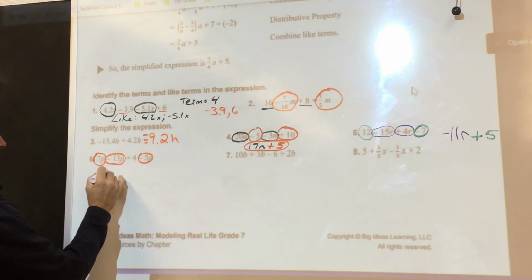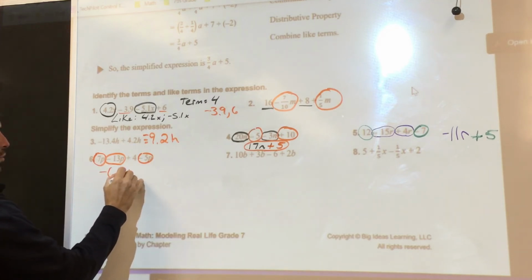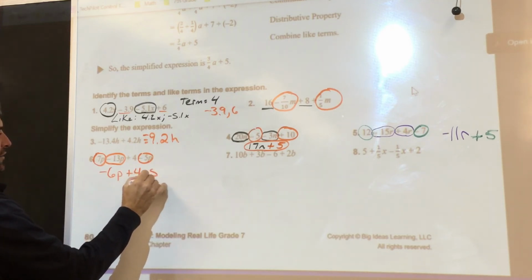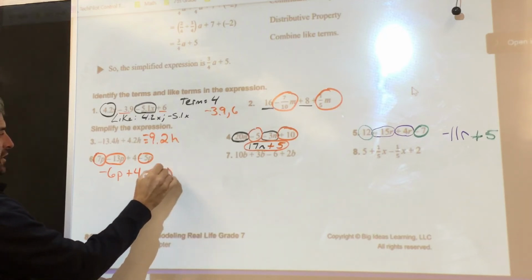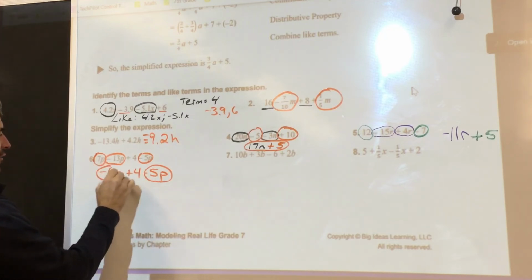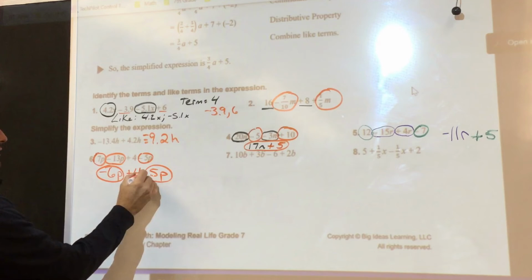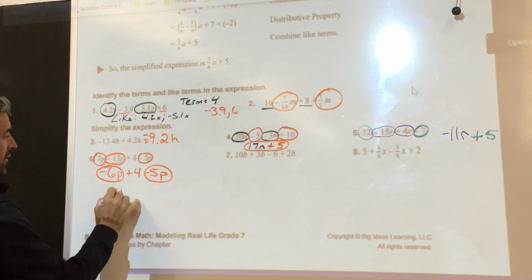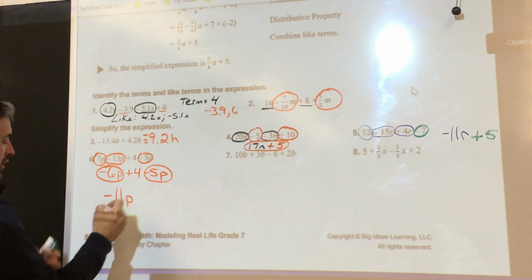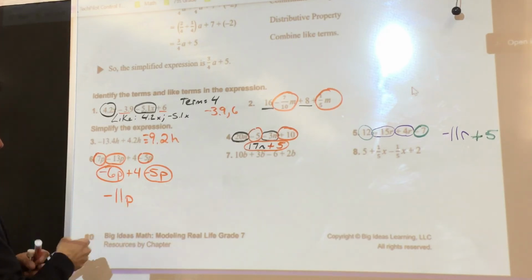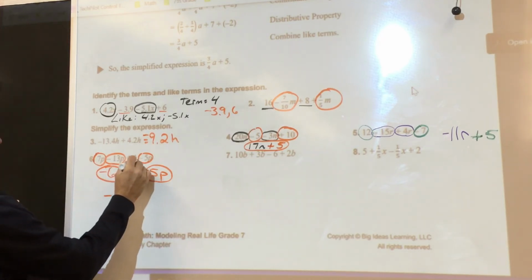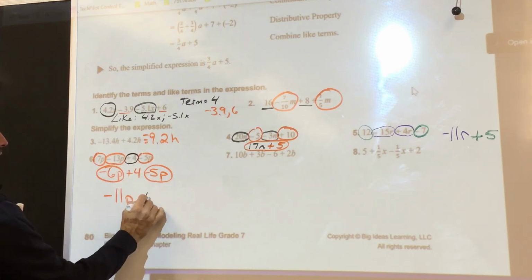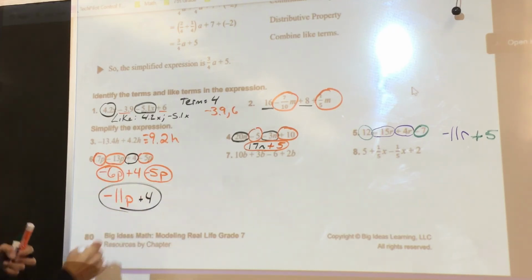And put now, okay, negative 6p plus 4 minus 5p. But see, you still have negative and negative p's. Like signs, you go ahead and add. So that would be negative 11p. And then you're going to say plus 4. And that'll be your answer. Again, can't go any further.